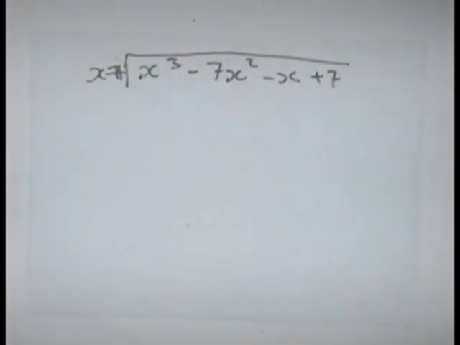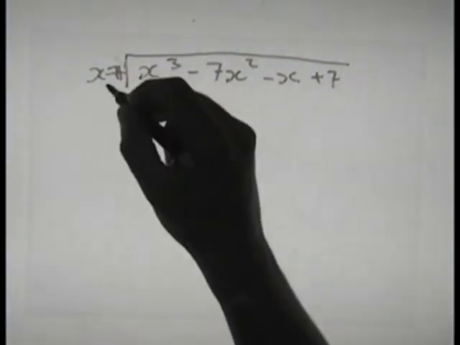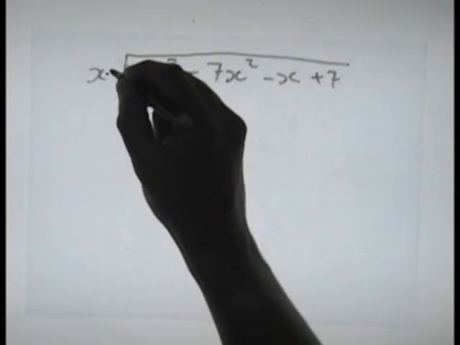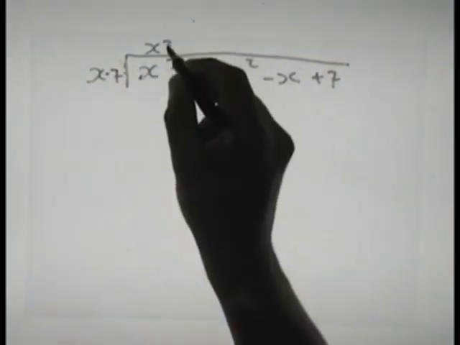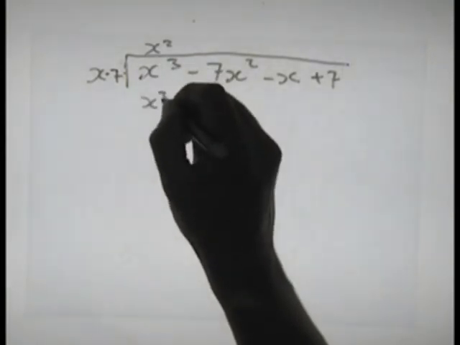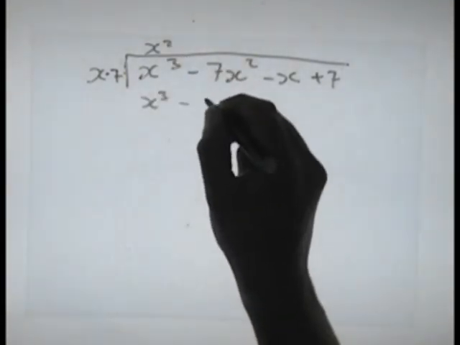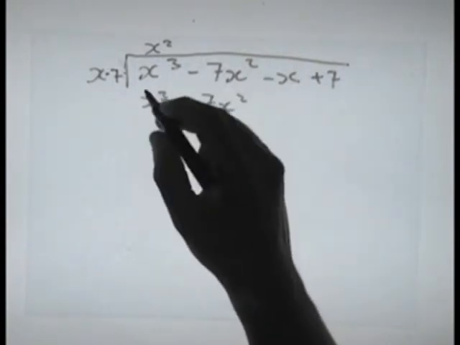Long division, again. Let's just write that properly. x into x cubed goes x squared times. x squared times x is x cubed, x squared times negative 7 is negative 7x squared.